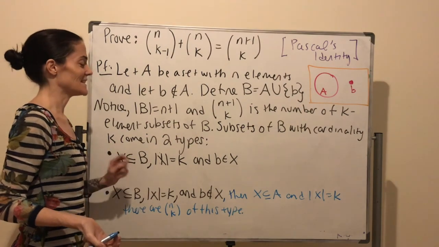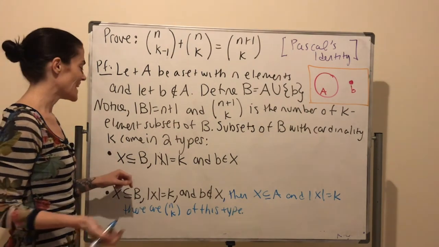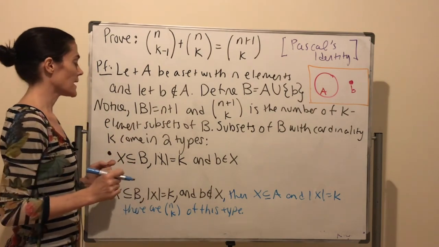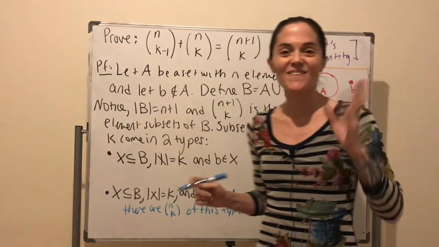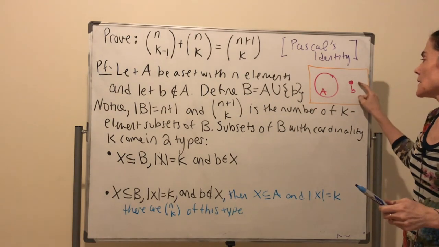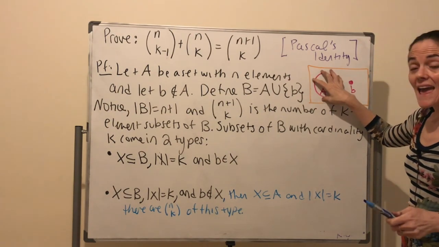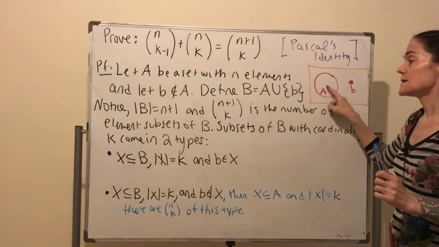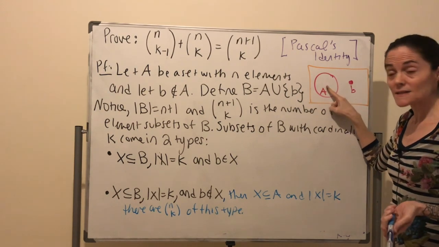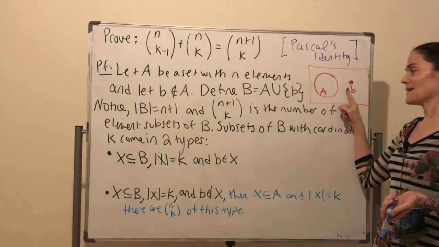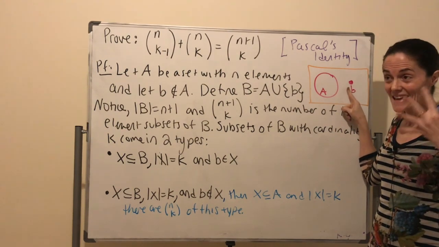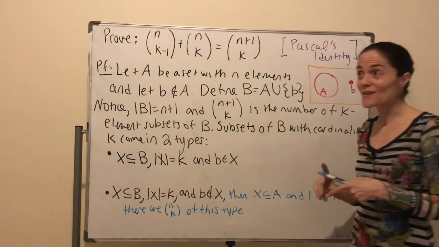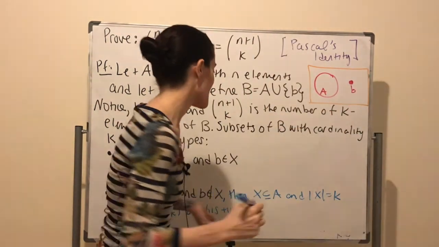Now this one, this is the other possibility, is that b is in the set X, this little b. And then, well, if we think again with our Venn diagram, if you take A intersect X, this will have one less element because X has k elements and b is one of them. So X intersect A has one fewer element, which will be k minus 1 elements.